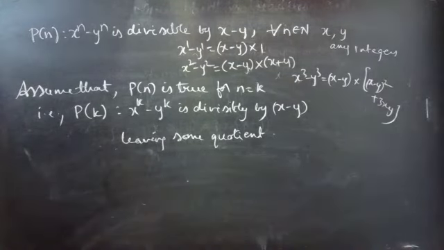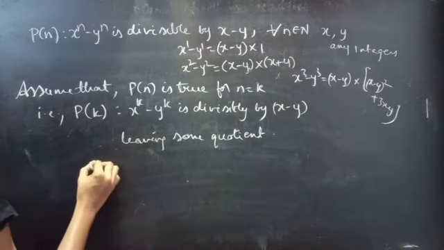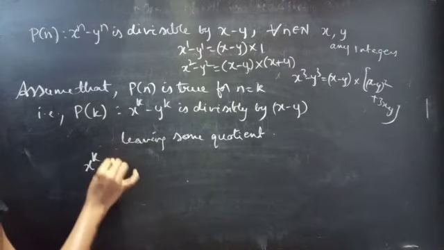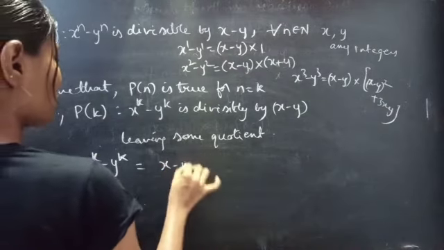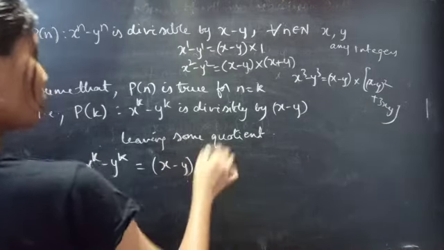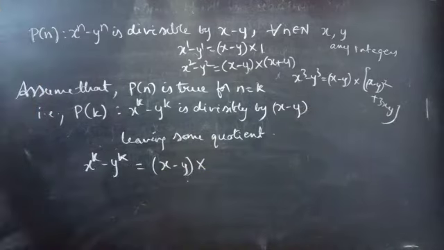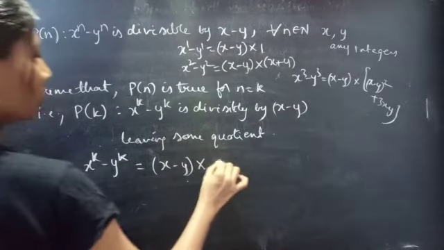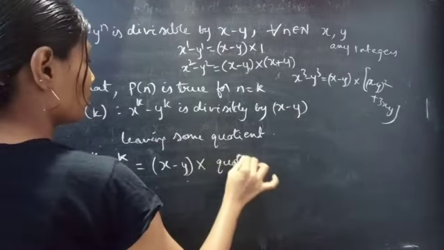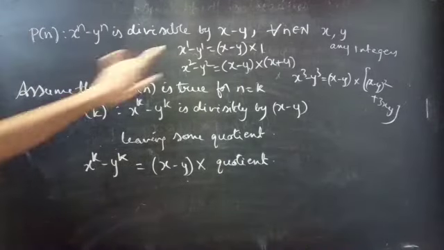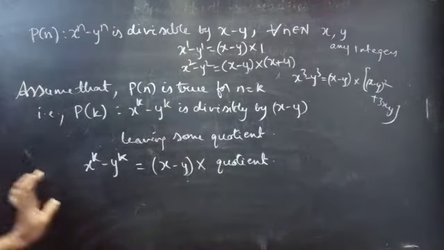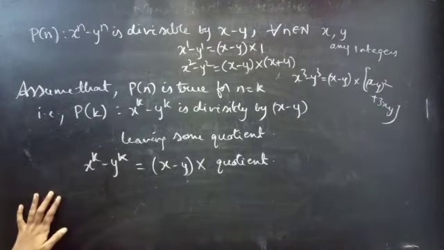Anyhow, you'll get x power k minus y power k equals x minus y into, in general form, followed by the first three steps.